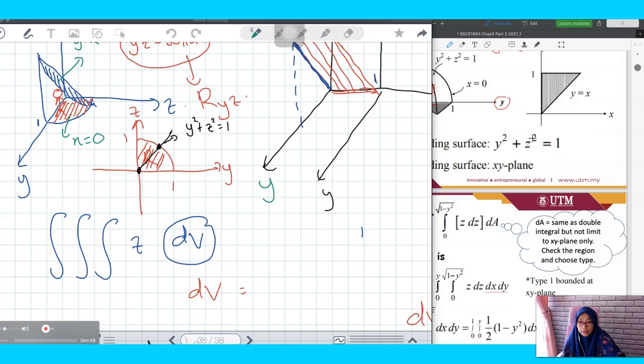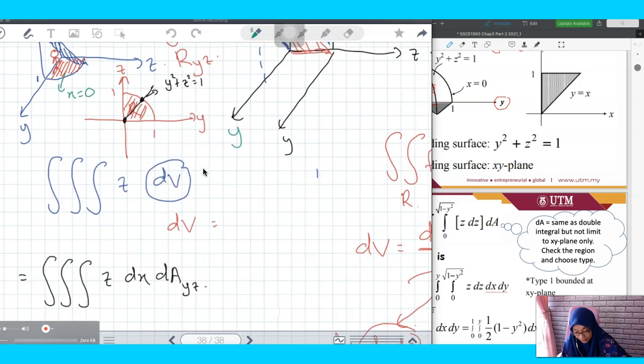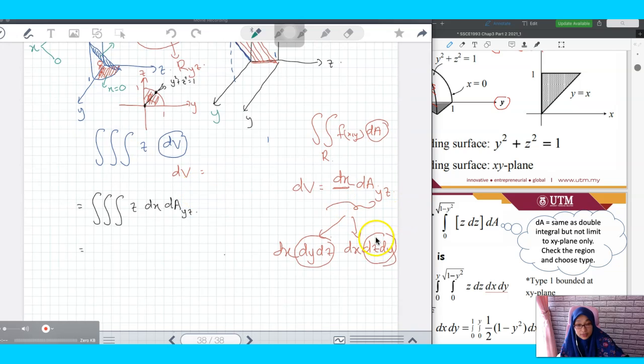Okay, so now, based on our region here, you have to decide, because based on our dV just now, you want to have x constant or y constant. Here I want to stress that you got the triple integral, right?